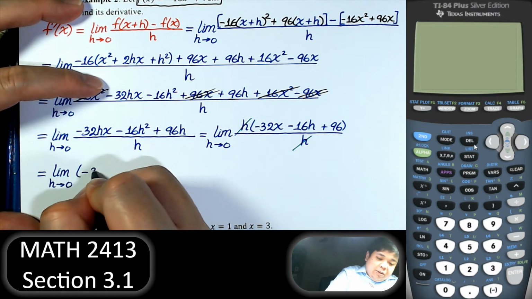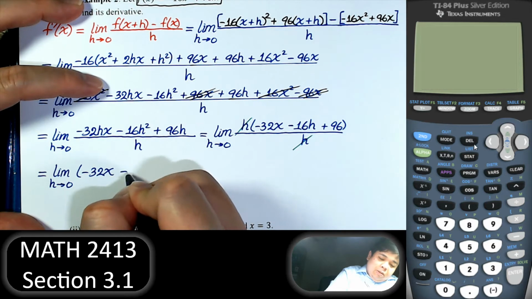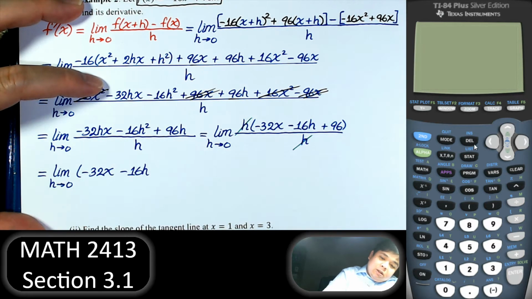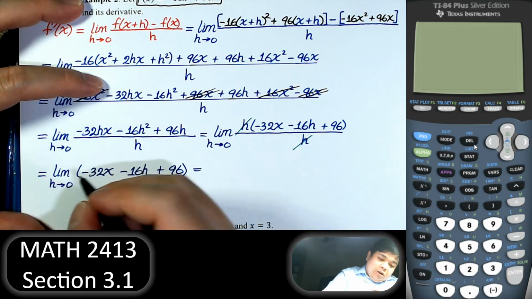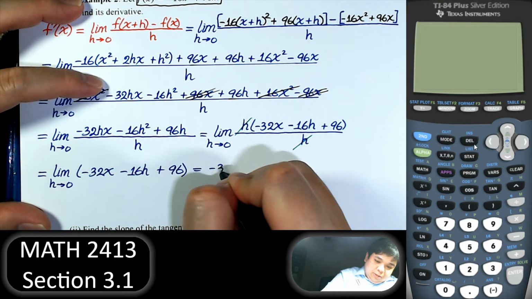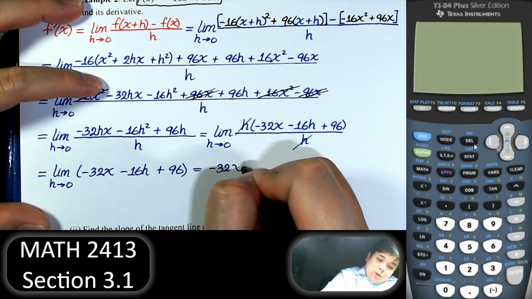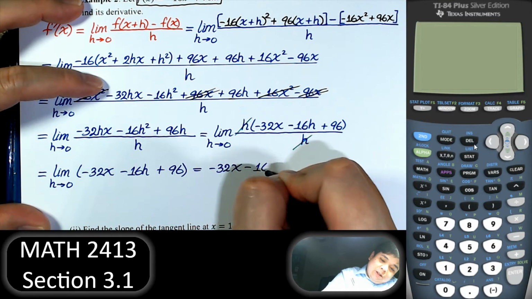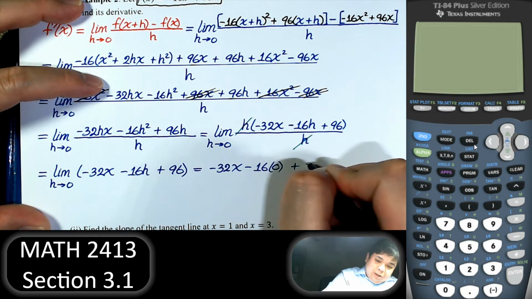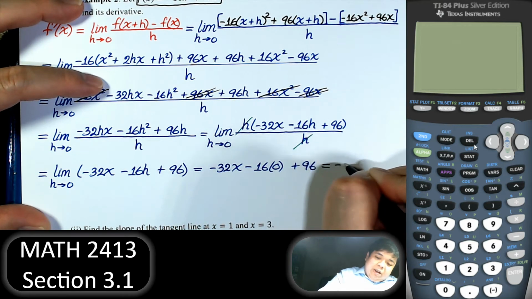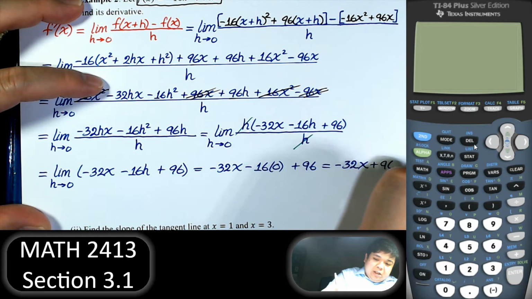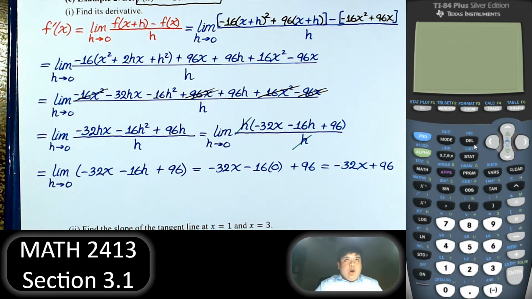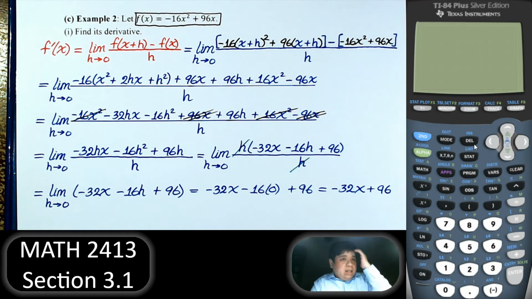We just have negative 32x minus 16h plus 96. Put in 0 for h. And we have negative 32x plus 96. So in general, if we just keep x and we don't substitute any particular values in, that's what we have.